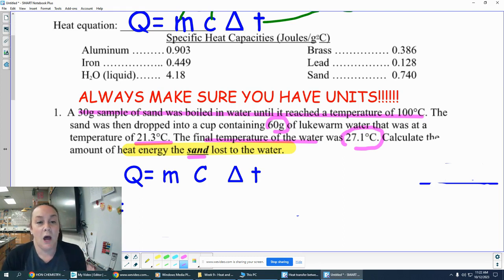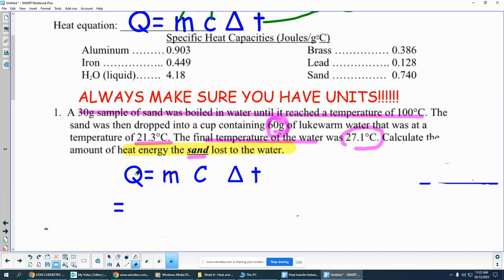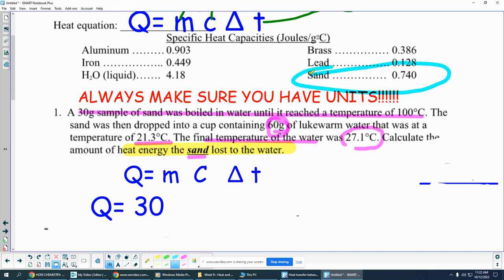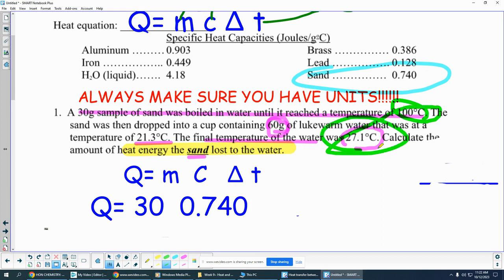Okay, so I need to pick out an M. I have 60 grams, but that's of water, so that's not what I want to use. If I'm trying to find the Q of the sand, I need the M of the sand. I need to multiply it by the C of the sand, which I have up here is 0.740. And then the delta T of the sand. So just like the metals yesterday, we took them and we boiled them to 100 degrees, and then we dropped them down to the final temperature of 27.1.